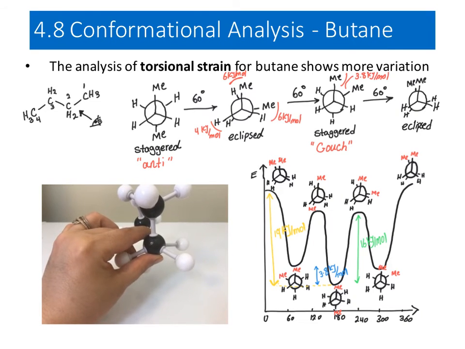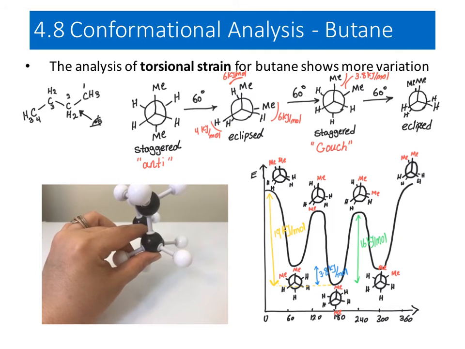So if you want to calculate the energy here, the eclipsing for hydrogens is 4 kilojoule per mole. We have 2 of them. And the eclipsing for methyl, it's been reported that it is about 11 kilojoule per mole.